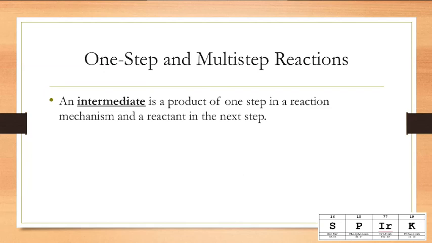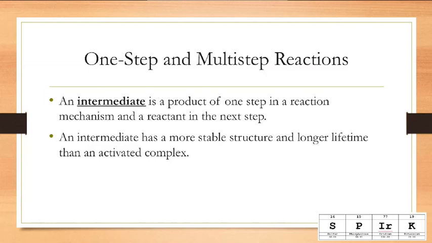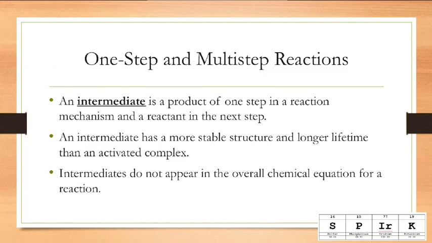An intermediate is a product of one step in a reaction mechanism and a reactant in the next step. An intermediate has a more stable structure and longer lifetime than an activated complex. Intermediates do not appear in the overall chemical equation for a reaction. So think back to when we were looking at Hess's law.